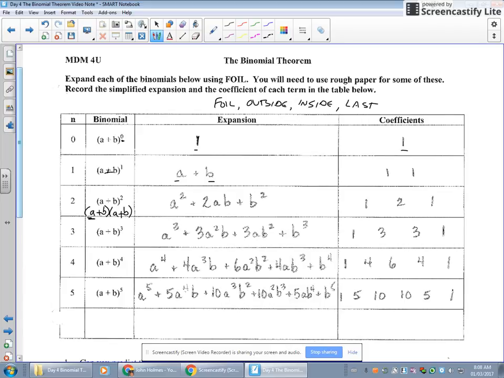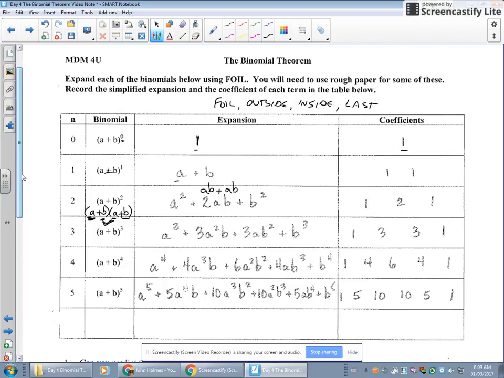Our FOIL says we multiply the first two, a and a, which gives me a squared. The outside two, a and b, give me ab. And then the inside two, b and a, is the same as ab.